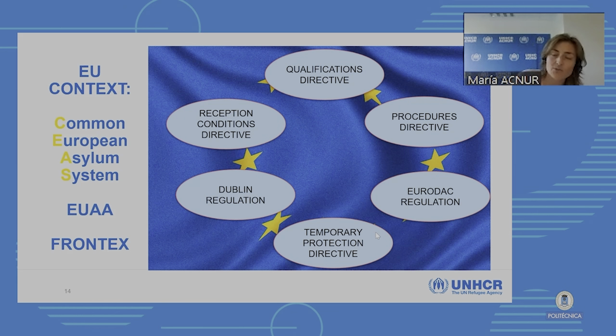This directive, which was drafted after the conflict in the Balkans, was established in order to allow EU countries to respond very rapidly to protection needs in a situation of mass influx, which is what is currently happening with the Ukrainian situation. So it's the first time that it has been activated. Now we'll talk later about this regime of temporary protection and how it is implemented in Spain.